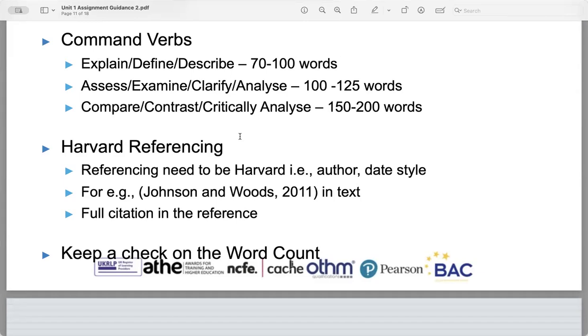For books, provide the author's name, the year of publication, the title of the book, the publisher, and the place of publication. For journal articles, include the author's name, the year of publication, the title of the article, the name of the journal, the volume number, the issue number if applicable, the page range, and the DOI or URL.